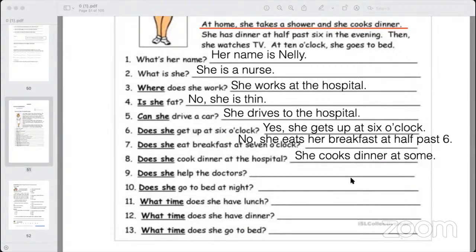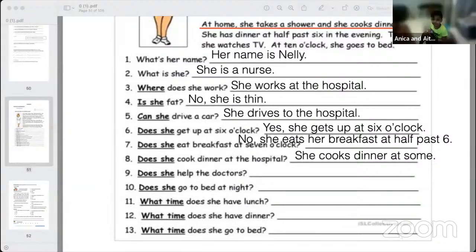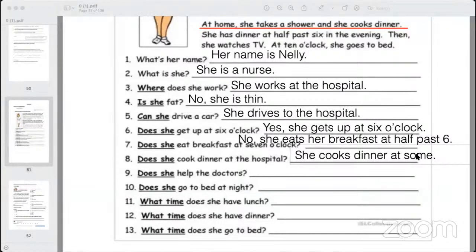Number 9, does she help the doctors? You wrote she cooks dinner at somewhere, but it's home. Oh, thank you.